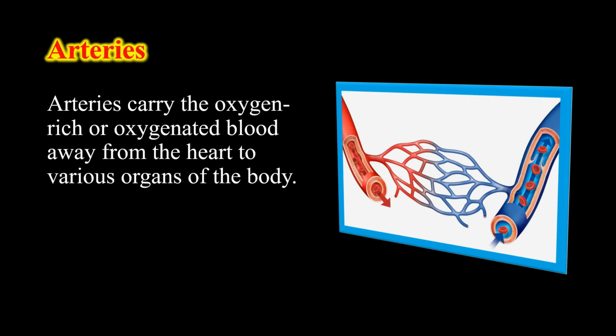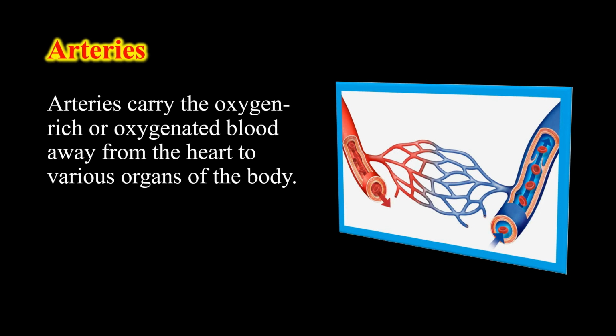First, let us understand arteries. Arteries are the blood vessels that carry oxygenated blood, or oxygen rich blood, away from the heart and distribute it to the various organs of our body. And the main artery that originates from the left ventricle of the heart is called the aorta.